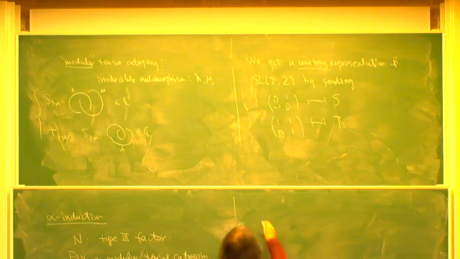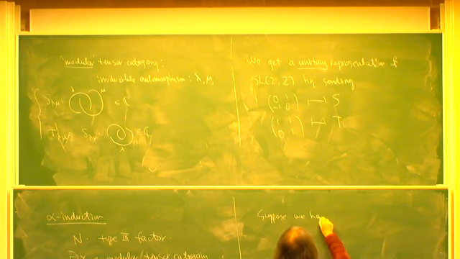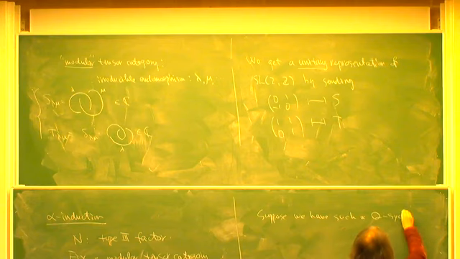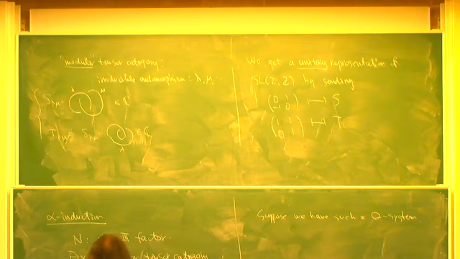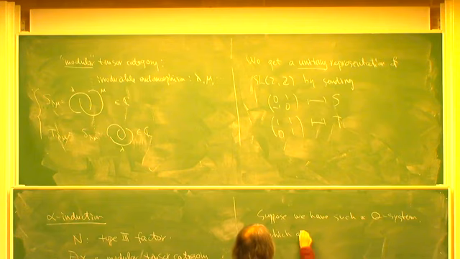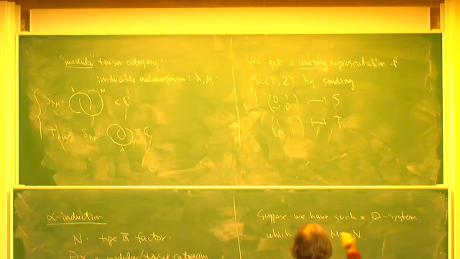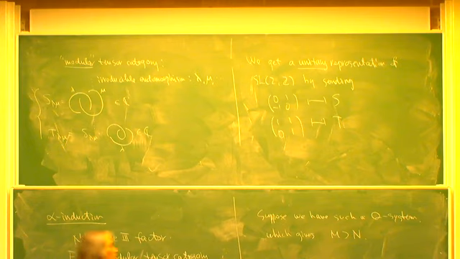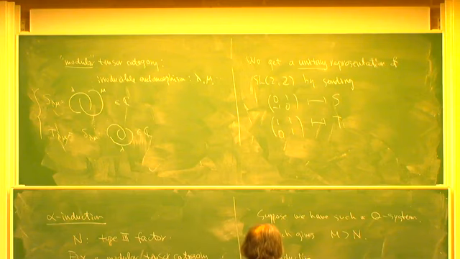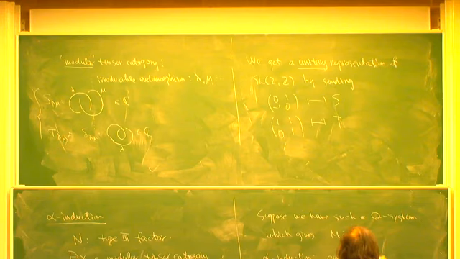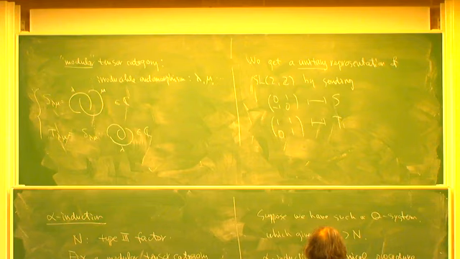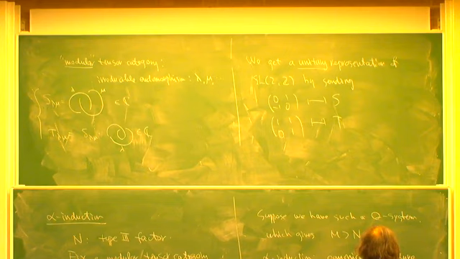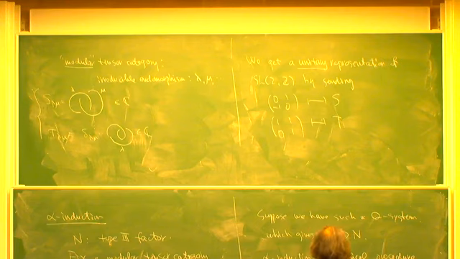And suppose that we have such a Q-system. Then it produces a subfactor, a superfactor, N contained in M. Then alpha-induction is a machinery producing an MN bimodule from NN bimodules, actually in the modular tensor category.